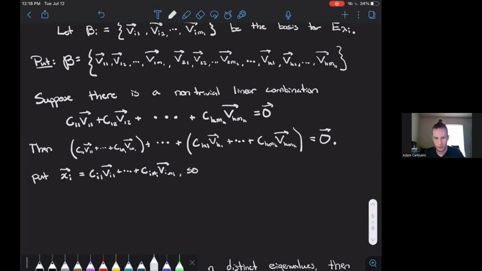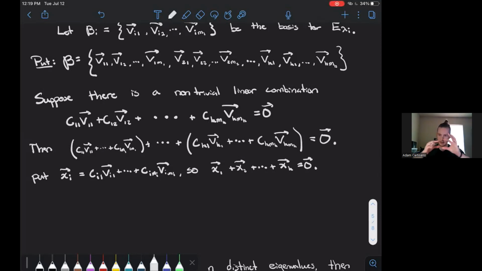So that all that we're looking at is x1 plus x2 plus dot dot dot plus xk equals 0. All I did was rename the expression inside each parenthesis. So again, I haven't told you why I'm doing this.